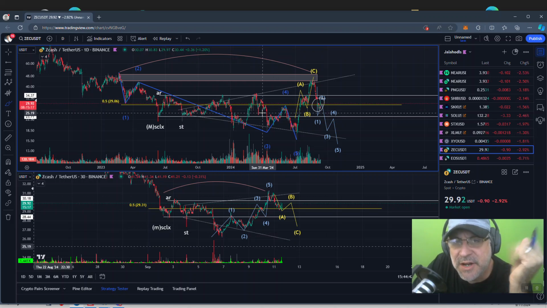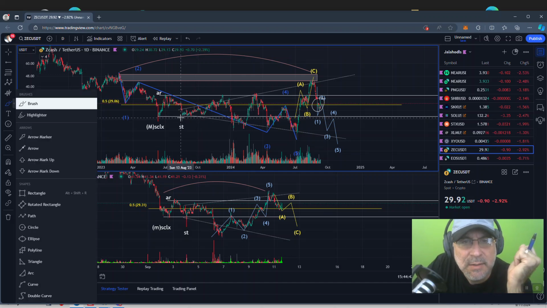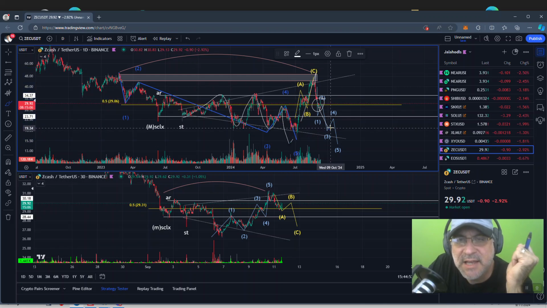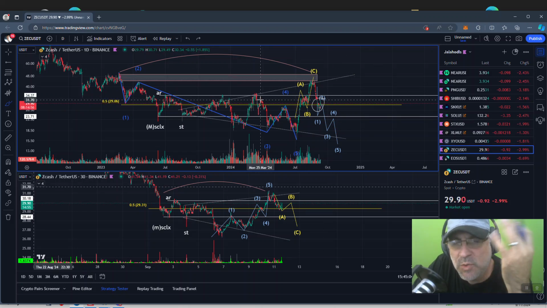So what they're doing is, within this broadening wedge, as the waves are expanding, they're basically generating liquidity. So anytime you see expanding price action like this, getting wider and wider and wider, and then coming back down again, that is not accumulation. Now, you can ride these waves on the inside. You can impulse wave or day trade them or whatever if you wanted to swing or momentum trade Zcash.